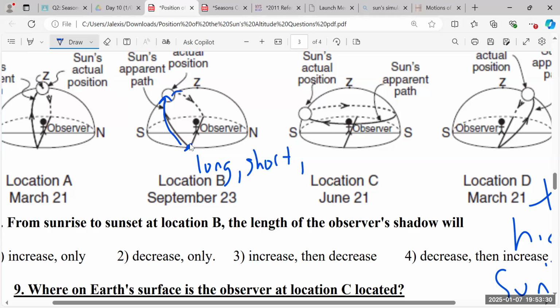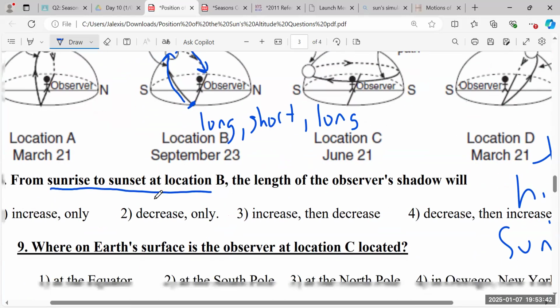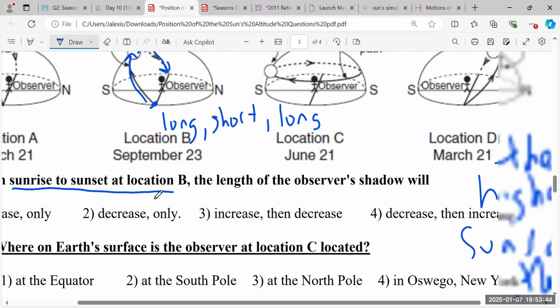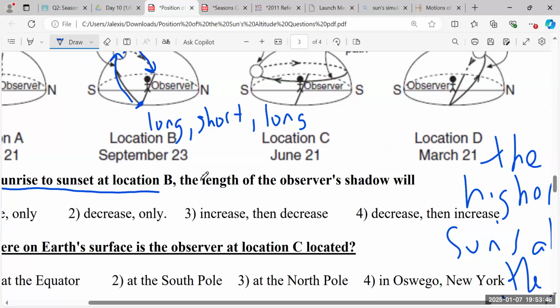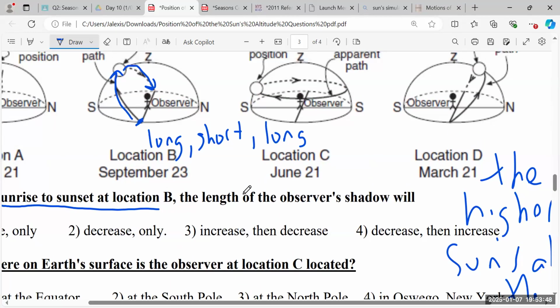And then as its altitude descends, the shadow is going to be long again. So from sunrise to sunset at location B, the length of the shadow will first decrease, then increase.